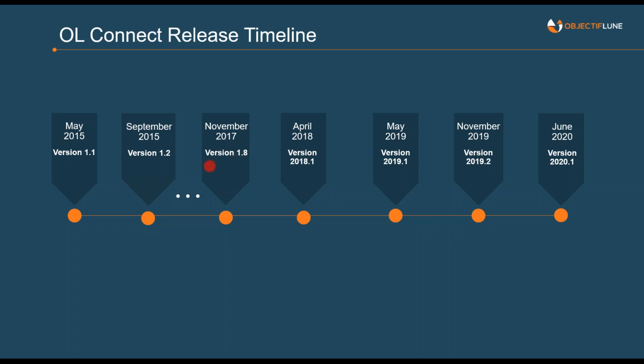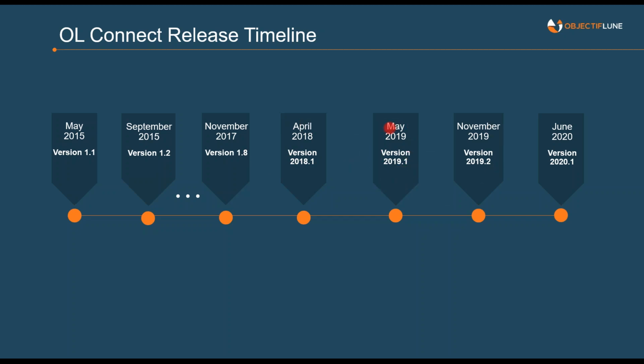Until November 2017, when the three dots mean that other releases came in the meantime, until the version 1.8 in November 2017. But in April 2018, we changed the naming of the versions. We started to call the year dot one the first release of the year, and dot two is the second release of the year. So the two big releases every year start to be named like this.